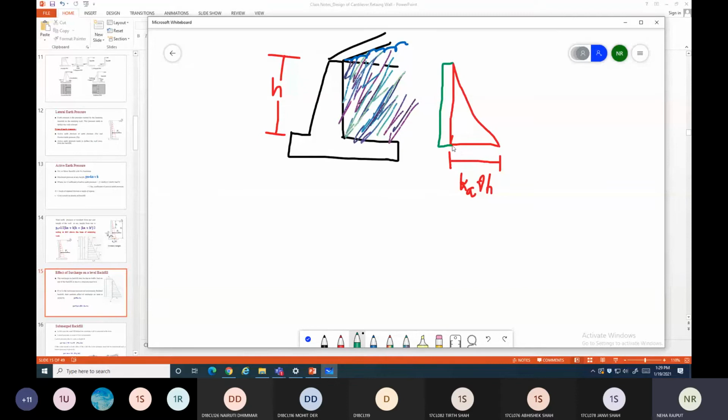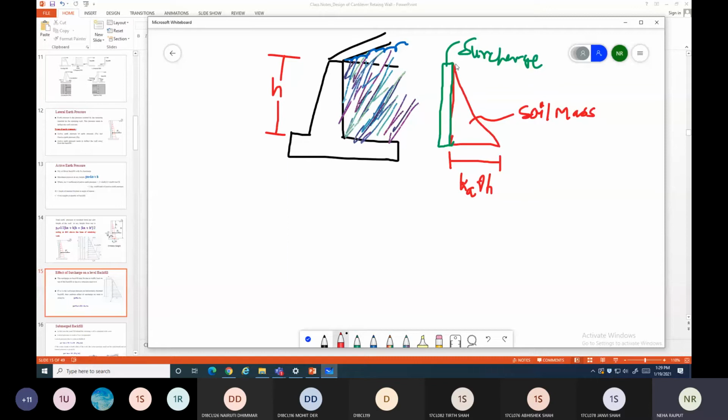This green color diagram shows the pressure diagram for the surcharge, and this red color is showing the pressure diagram due to active pressure.